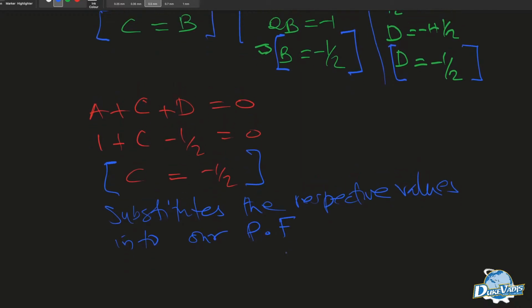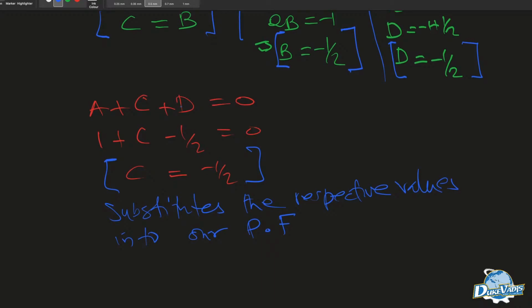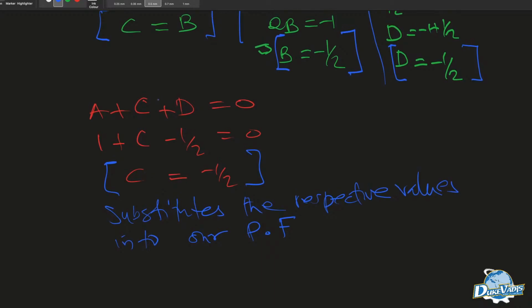Okay, so when we do that, since we know the first value A, now let's write the values we had. So our values we had for the A, we had 1, B minus half, C minus half, and D minus half as well.